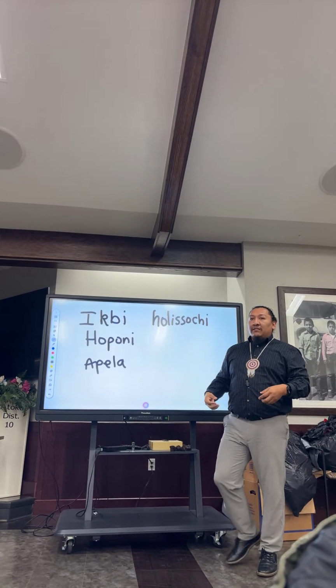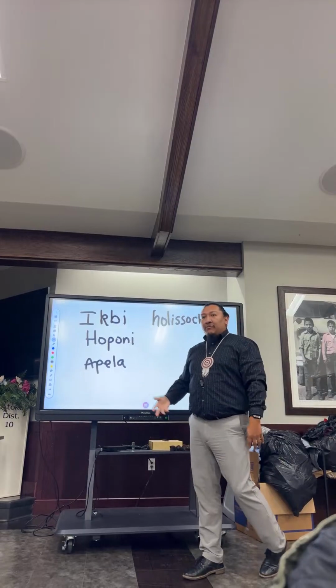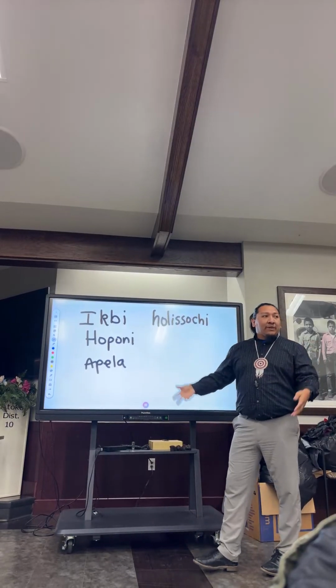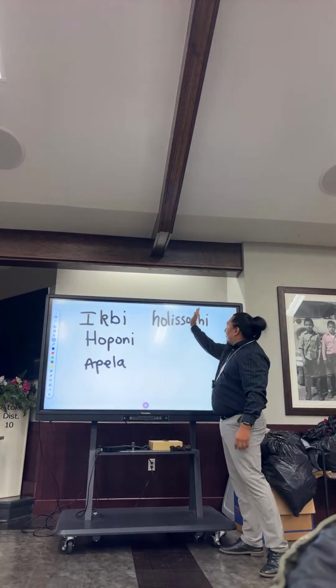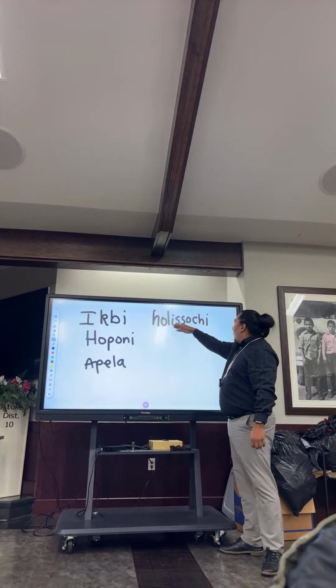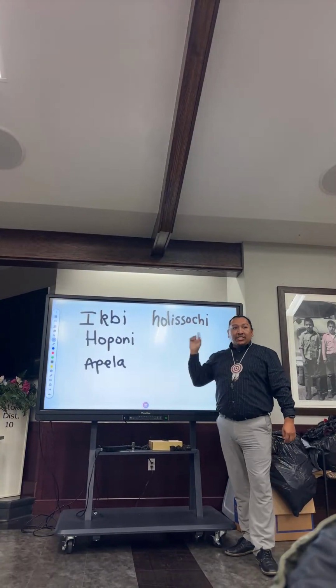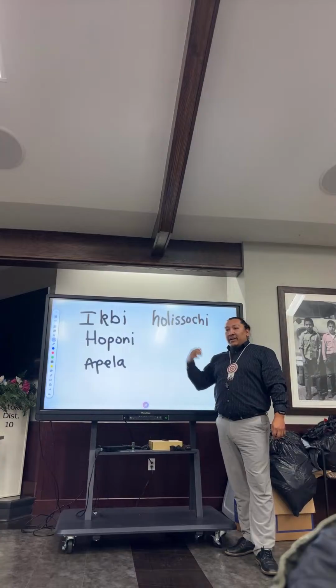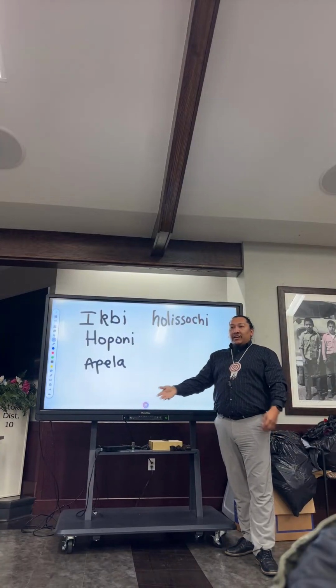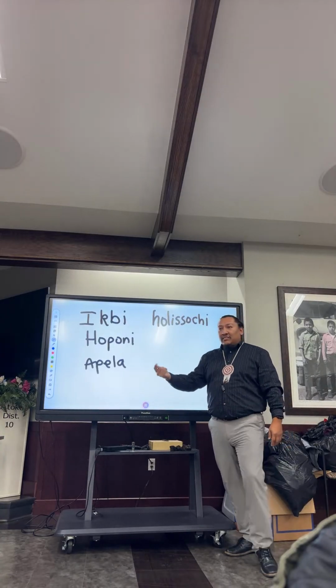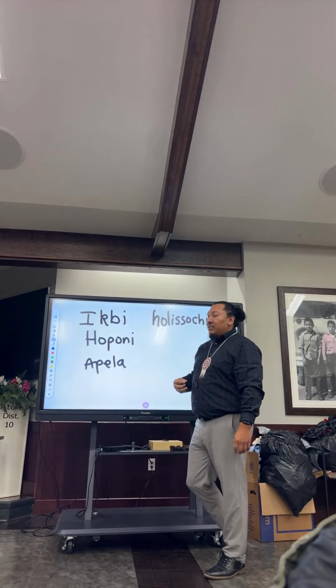It could be an envelope. Whatever is made of paper is holiso. But when you say holisochi, with the chi, it's like to make it that way. And so to make it that way, you have to write things. And so that's what we're going to use for to write.